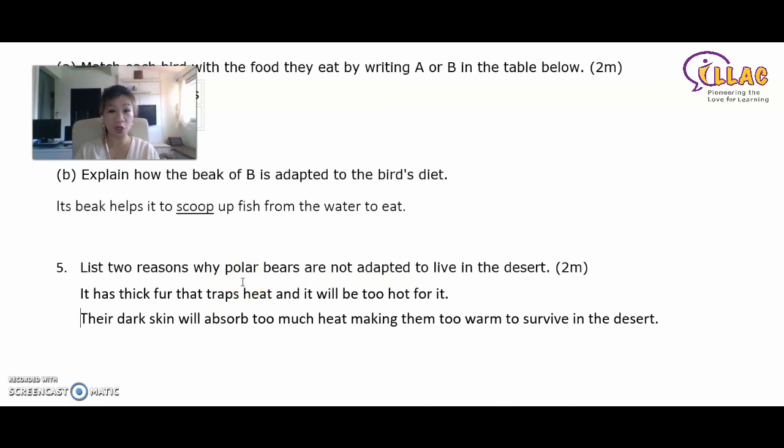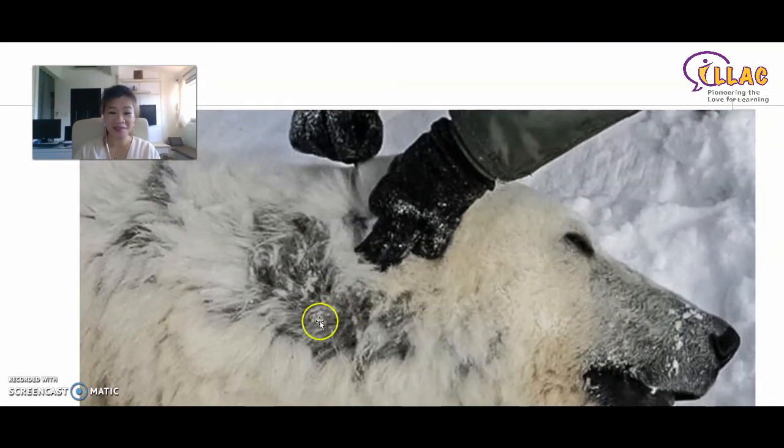The Arctic area is very cold, so it has thick fur that traps heat. It will be too hot for the desert, and also their dark skin will absorb too much heat, making them too warm to survive in the desert. So, you see, under the white fur of the polar bear, they actually have dark skin, because the dark skin helps them to maintain the heat in their body to keep them extra warm, apart from the thick white fur.